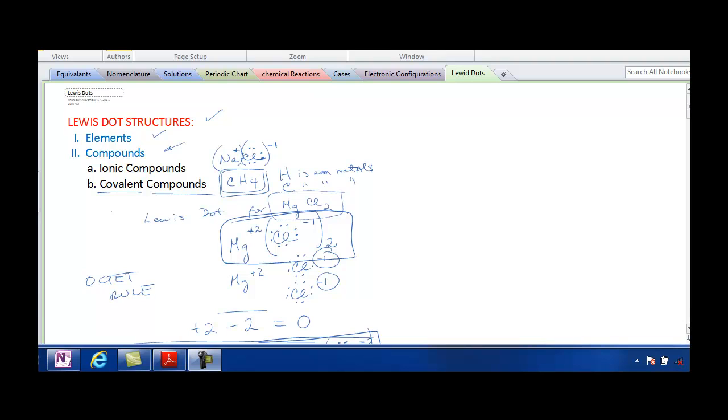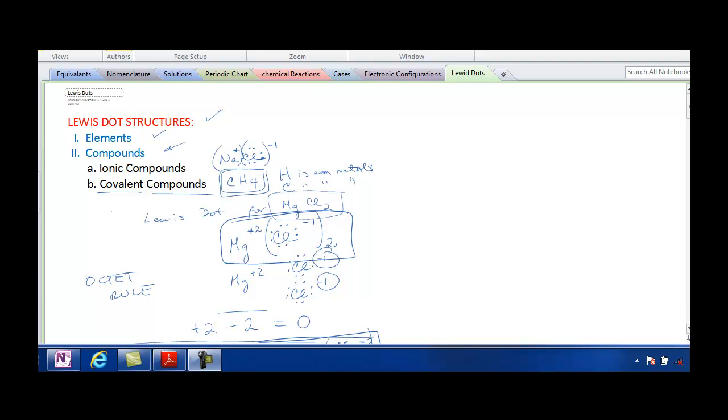The Lewis structures that we represented all had 8 electrons around the central atom. We'll see that some structures do not obey the octet rule. And we will tie in molecular shapes with these Lewis dot structures.